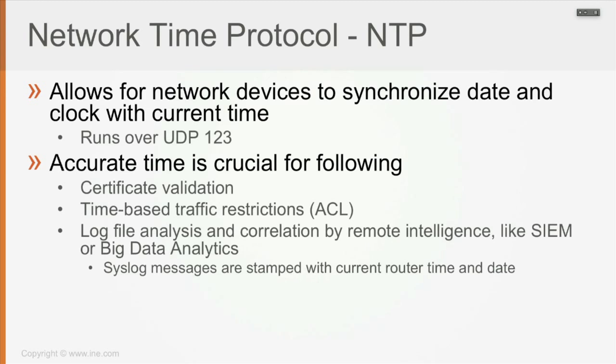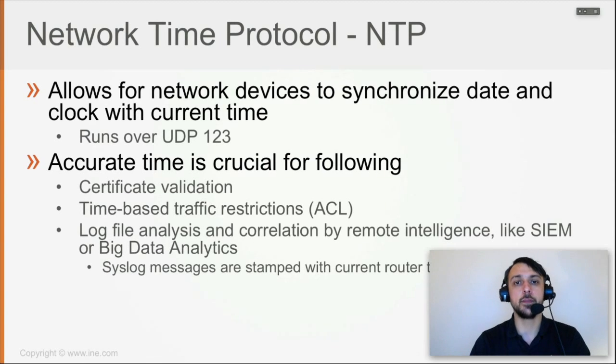Now, why do organizations implement NTP in the network? Because the time on the router or on the network device in general is crucial for certificate validation, for example. So if that router is gonna do any kind of certificate validation, like for IPsec VPNs, SSL VPNs, pretty much those are the use cases.